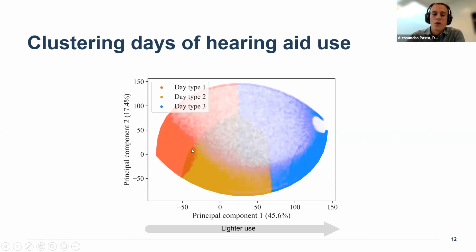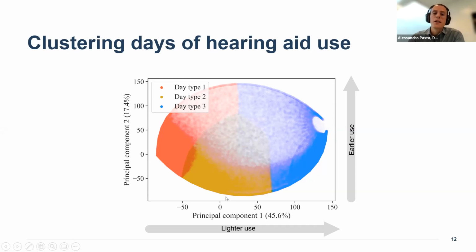So heavier use on the left and lighter use on the right. And then we can see days with the earlier use on the top compared to days with later use during the day on the bottom.